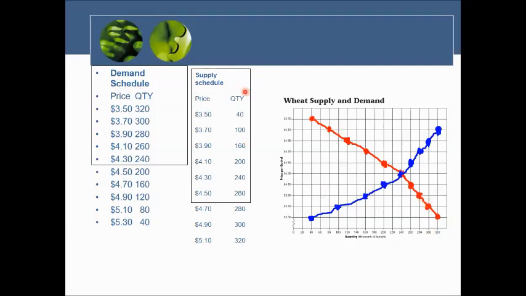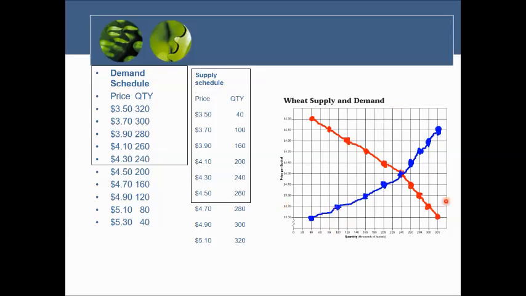While in the supply schedule, at the price of 350, the supply is only 40. And then at the price of 3.70, the quantity is 100.